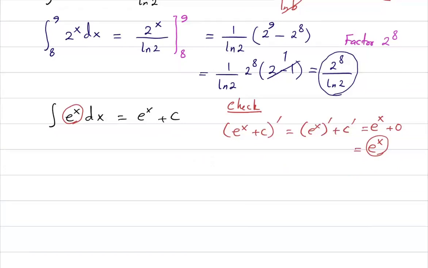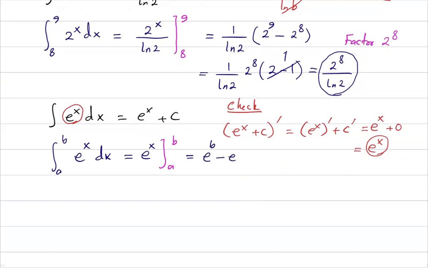Now for the definite integral, we are using the same process, the fundamental theorem of calculus. This is e to the x, while x is ranging between a and b. So you have e to the power b minus e to the power a.